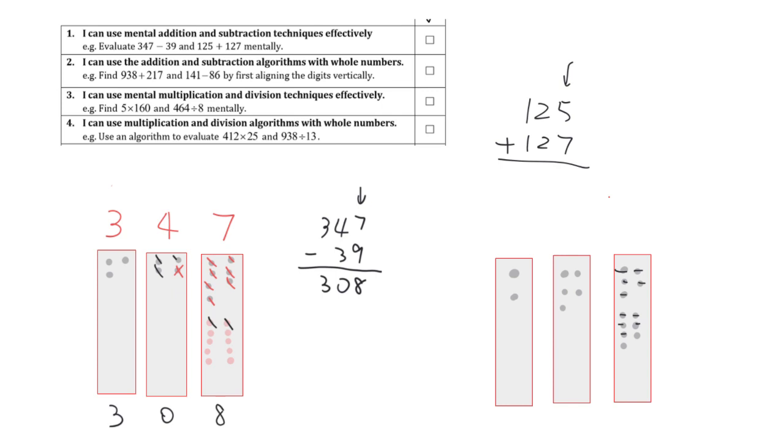There. Okay, I think we get the answer now, because that's 2, 5, and 2. So the answer is 252. Again, if you're not comfortable with column addition, you can use drawings. I think it's quite convenient.